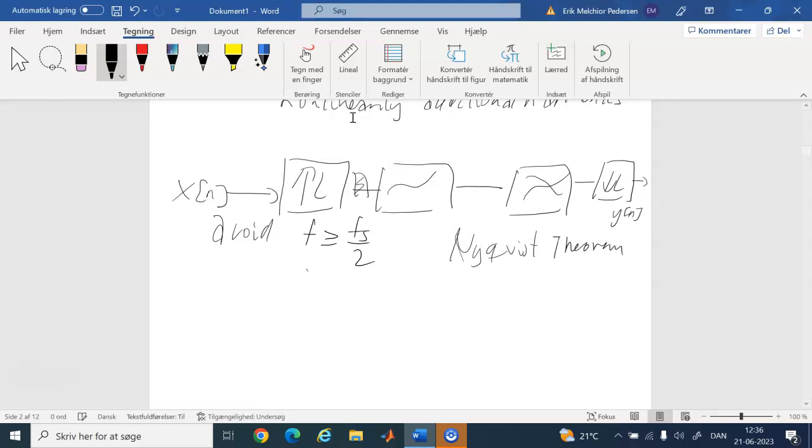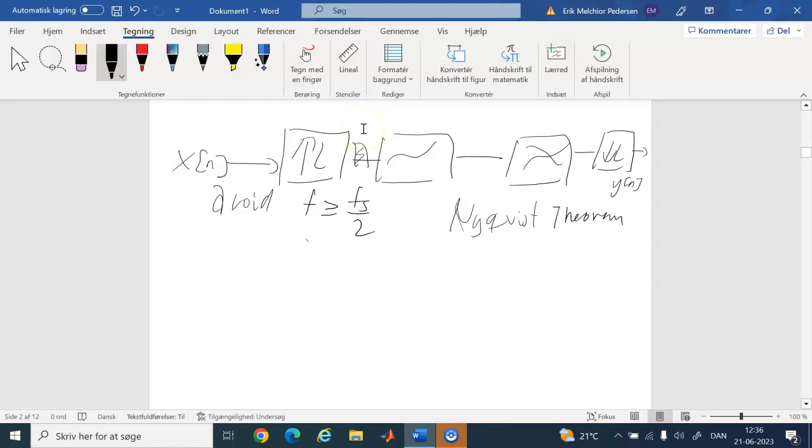We have to adjust this to comply with it. Frequencies above the Nyquist frequency will appear in the spectrum in the form of aliasing, and then we have to use low pass filtering to go back again.